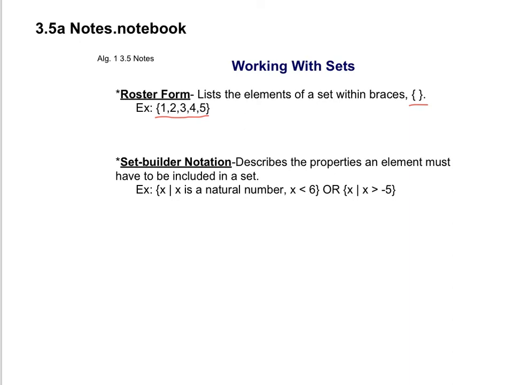The second set that we're going to work with is something called set builder notation. This describes the properties an element must have to be included in a set. So this example right here basically says x such that, so that little symbol there, when you read that, you need to think such that. x is a natural number, and then comma, x is less than 6.